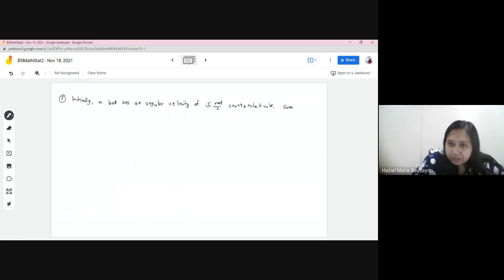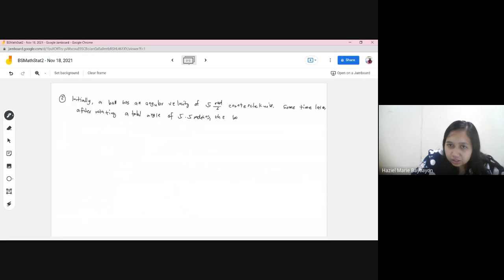And then after some time, after rotating through a total angle, we are given the change in the angular displacement, which is equal to 5.5 radians.